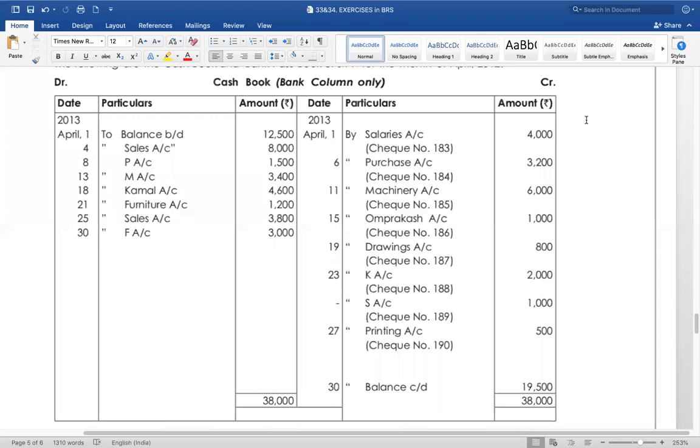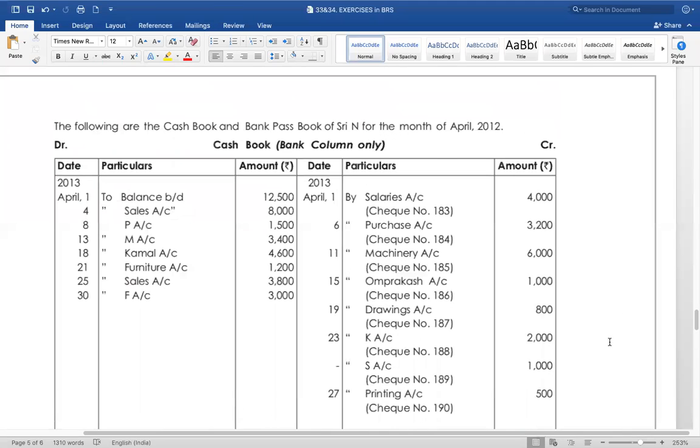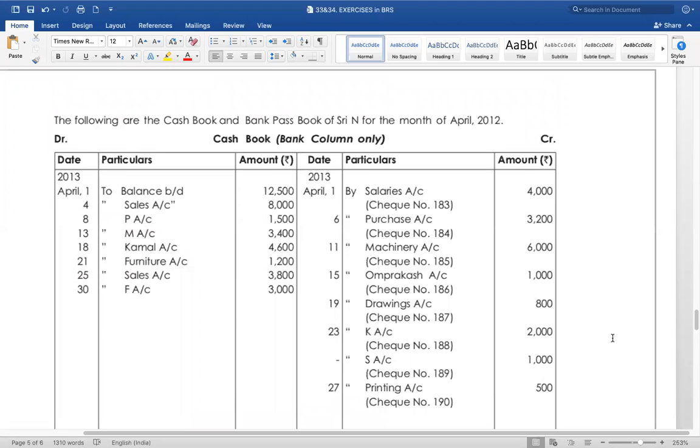When you pay salaries, buy machinery, pay people, or withdraw, the amount comes down in your account. Any confusion till here? No, sir. Okay, so we have to match or reconcile these two statements.